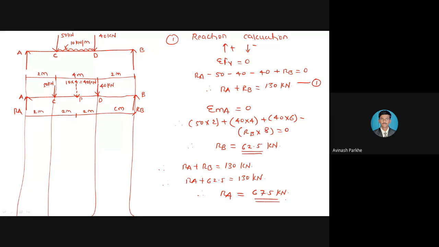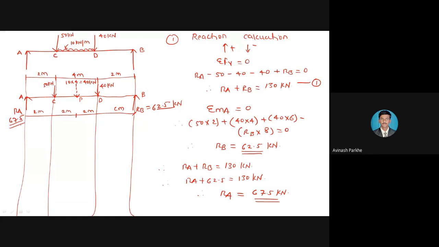If I do the addition of RA and RB, does it become 130? The summation of forces moving in the downward direction is equal to the summation of forces moving in the upward direction. 62.5 plus 67.5, you will get 130. If 130 is satisfied, then your reactions are 100% correct. So represent RA is equal to 67.5 and RB is equal to 62.5 kilonewton.